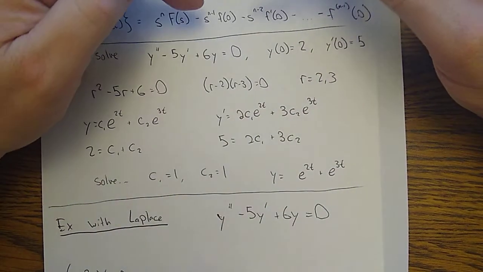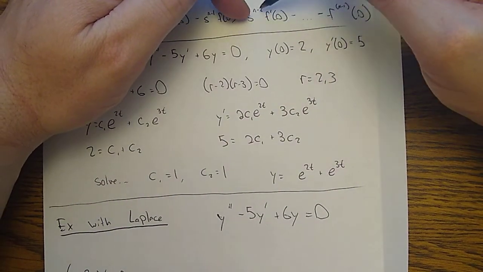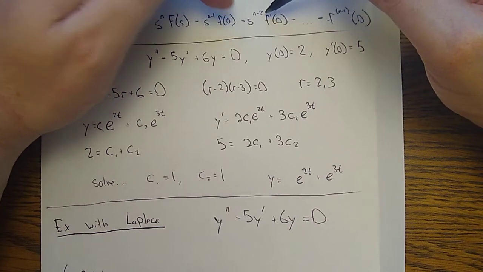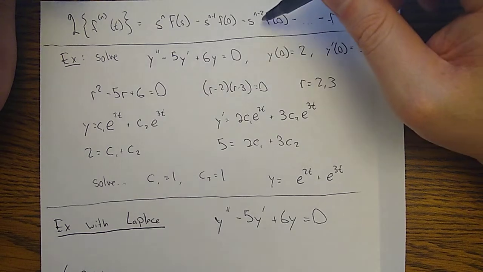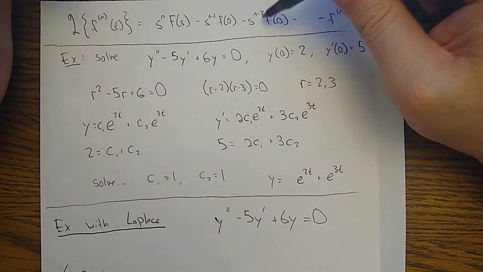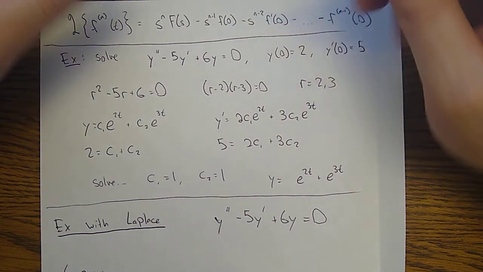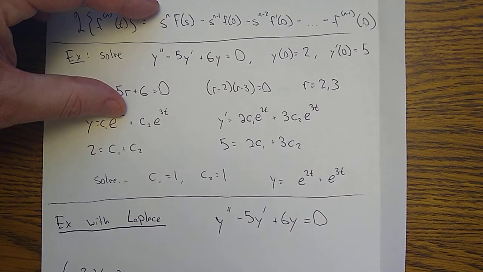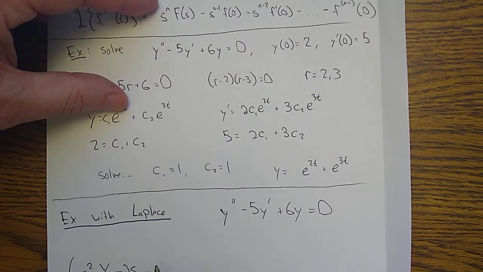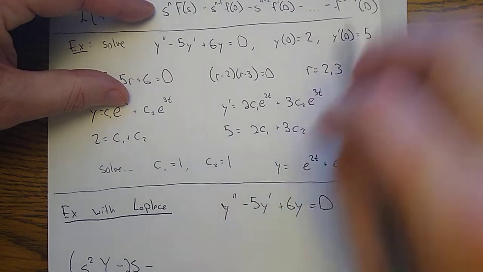Minus, and then the next term is already the last term, because we stop when the last term has no s's on it, and the one I just wrote had s to the 1. The one I'm about to write would have s to the 0. So the one I'm about to write is the last one.